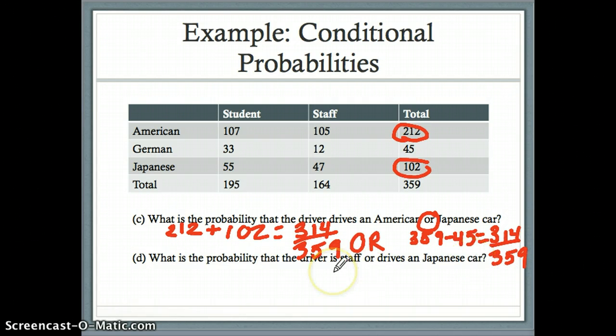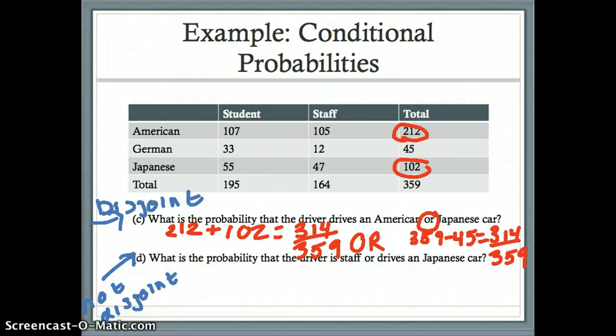Okay, and now what is the probability that the driver is staff or drives a Japanese car? This one's going to have an overlap. The previous one was disjoint, or mutually exclusive. This one is non-mutually exclusive. This is not disjoint. When it's not disjoint, you will have an overlap or a double count, and so you have to subtract that out of your probabilities.